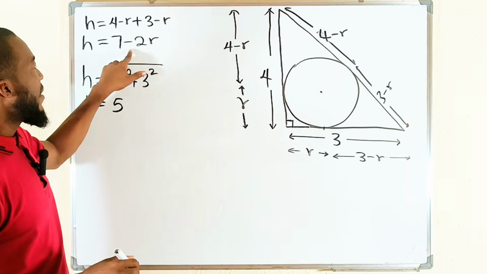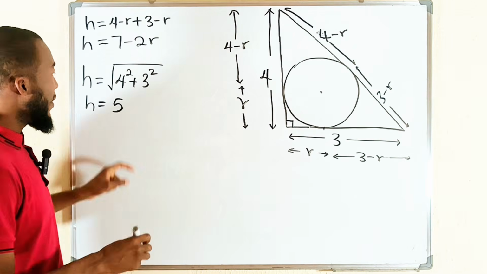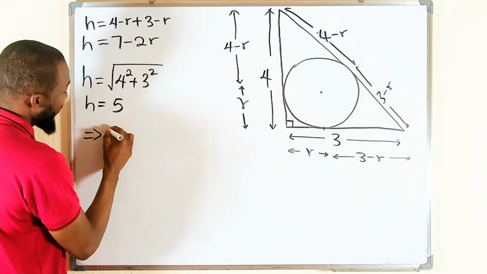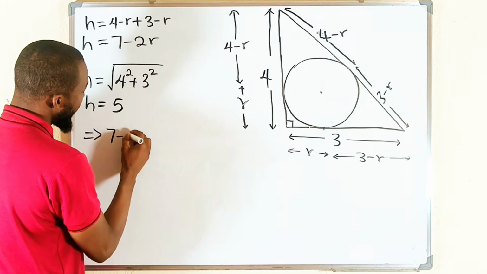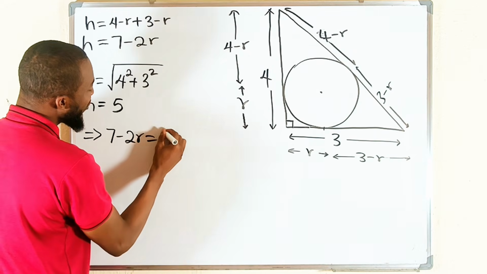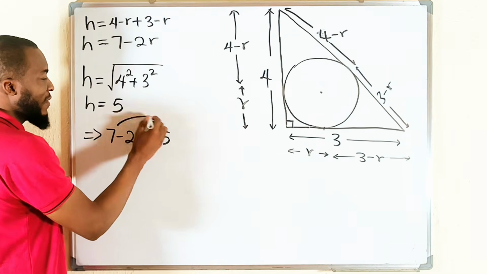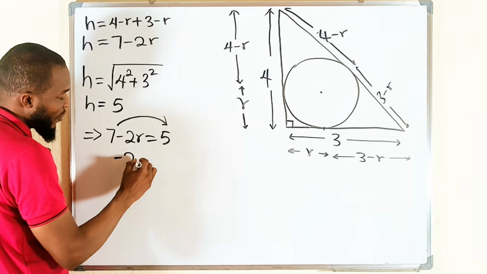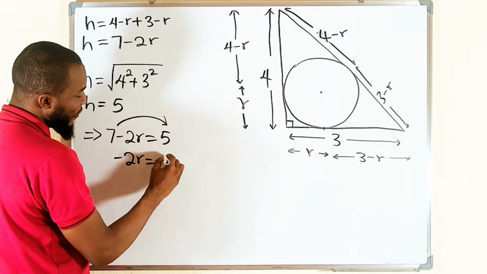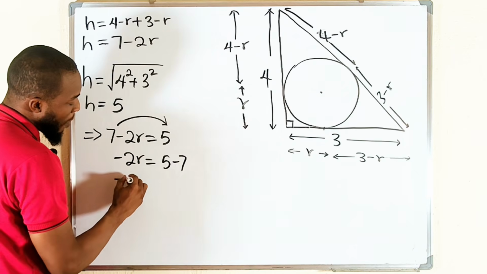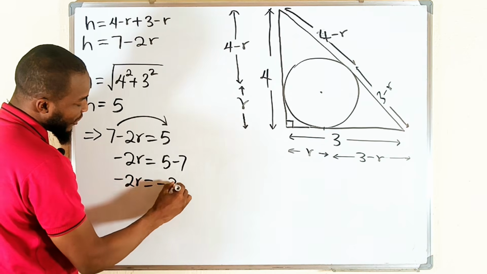If the hypotenuse is 7 minus 2r and the hypotenuse is 5, it implies that 7 minus 2r is equal to 5. You can take this 7 to the other side. You have minus 2r equal to 5 minus 7. Minus 2r is equal to minus 2.